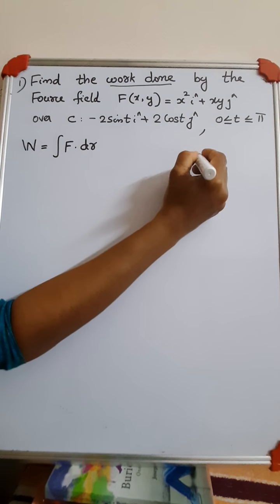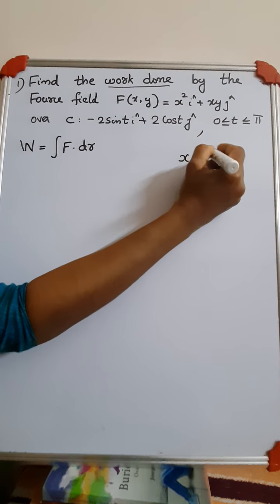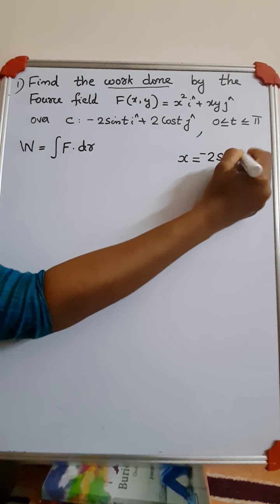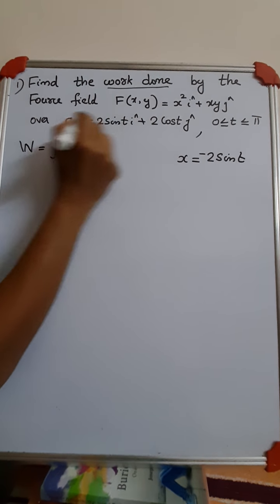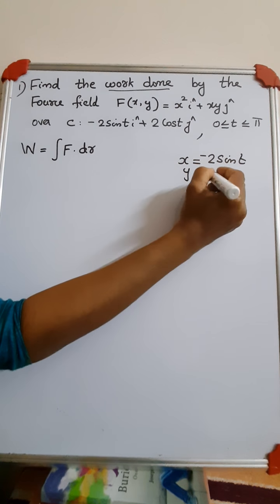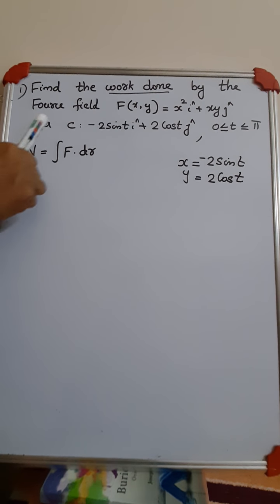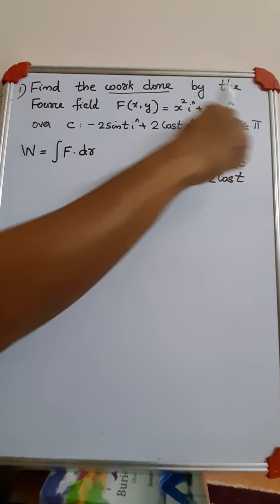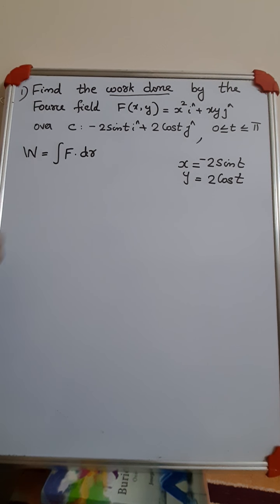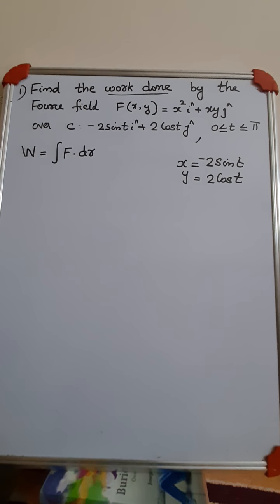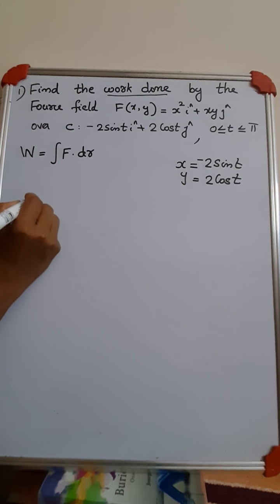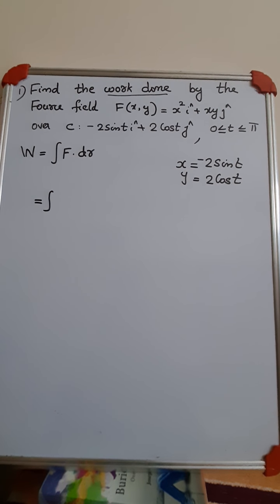Here, x is given as the i-th component, minus 2 sin t. From this result, y is equal to 2 cos t. Finally, we have to integrate this function with respect to t because the limit of t is also given and this is the parameterized form of the curve. And that is equal to integral over C F dot dr.